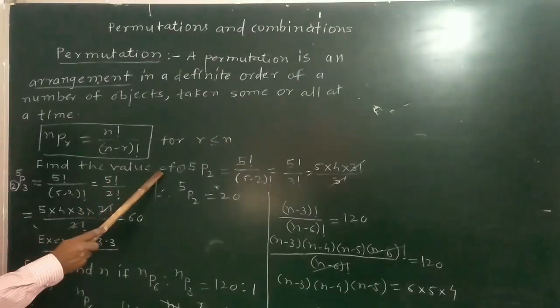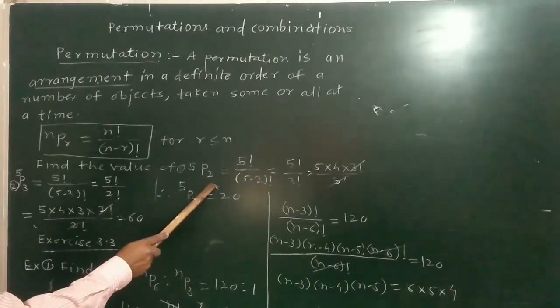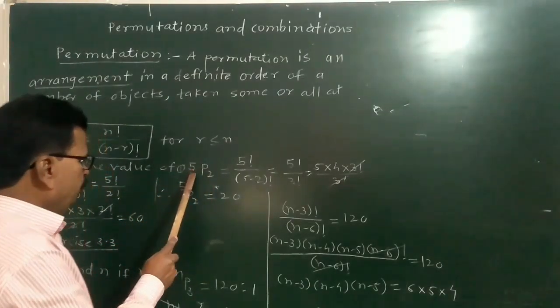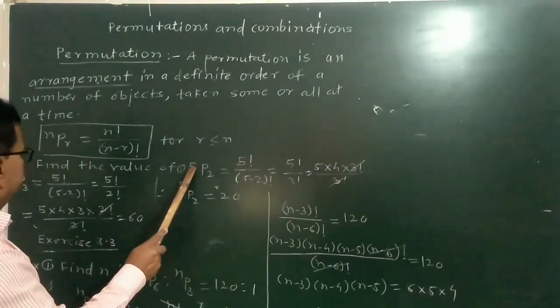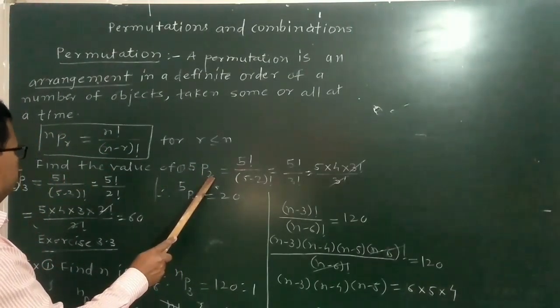Find the value of 5P2. In 5P2, n value is 5, r value is 2.